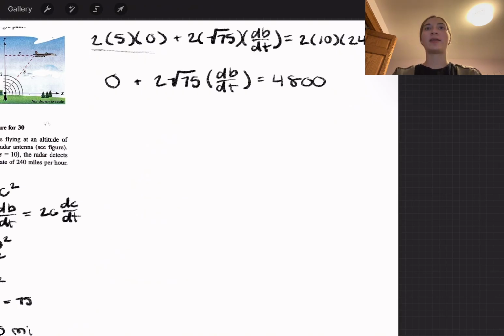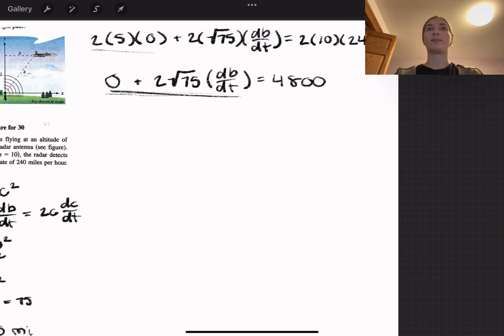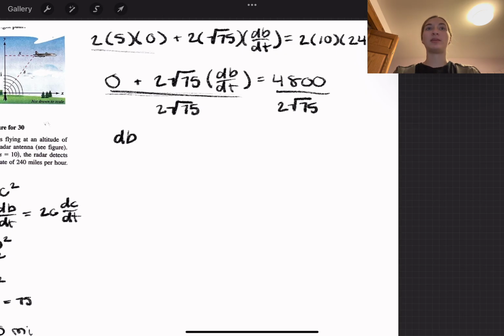So we're going to divide the first half of the equation by 2 times the square root of 75. That way we can isolate dB dt and find its value. So we'll divide one side by 2 times the square root of 75 and do the exact same thing to the other side. dB dt equals 4,800 divided by 2 times the square root of 75.